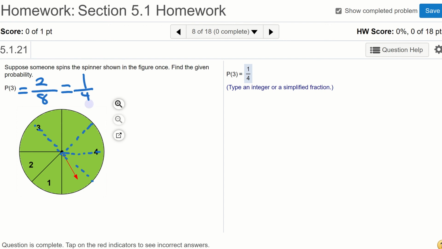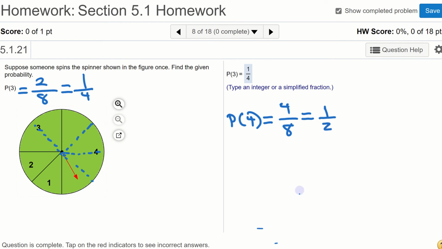Now, notice if they had asked us for the probability of another number, it would have been different. For example, what if we wanted to know the probability that it'll land on 4? Notice 4 is composed of 1, 2, 3, 4 of those equal parts, out of how many? 8. So that would have been 4 over 8, which is 1/2.